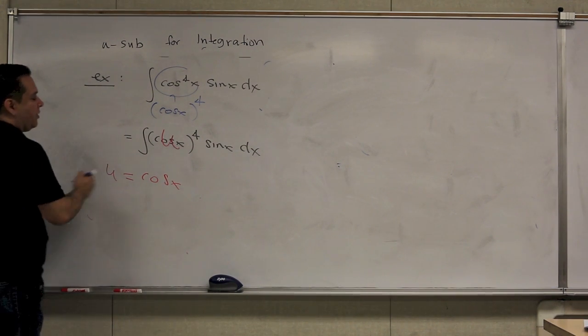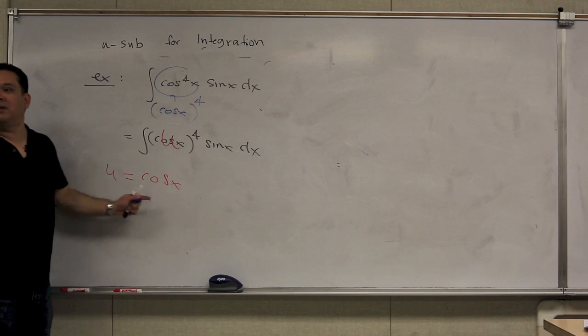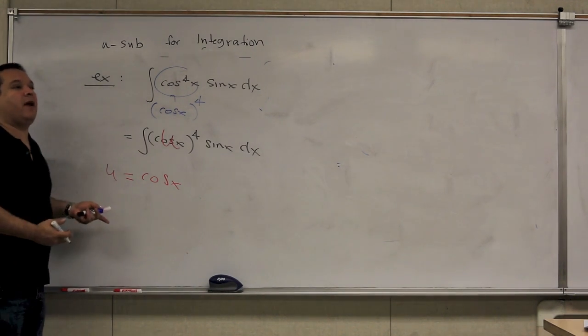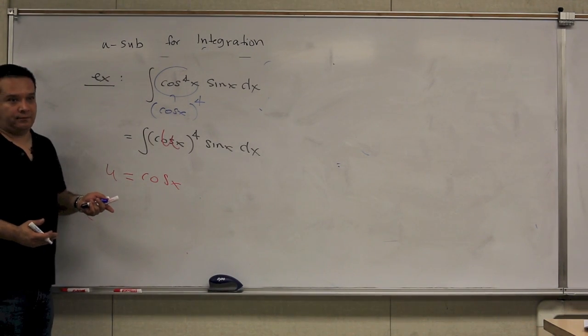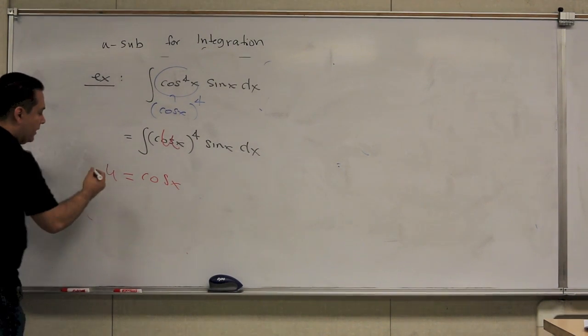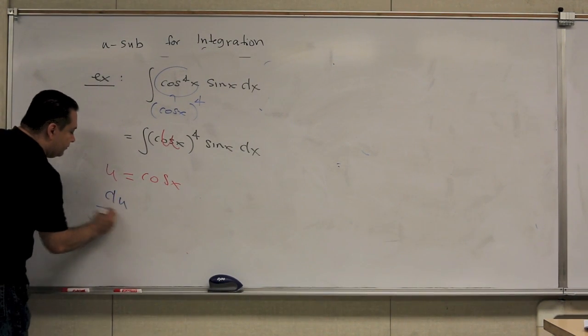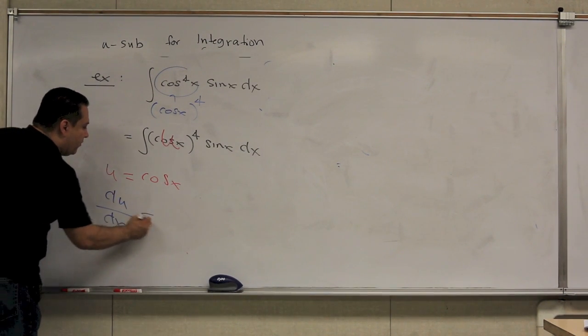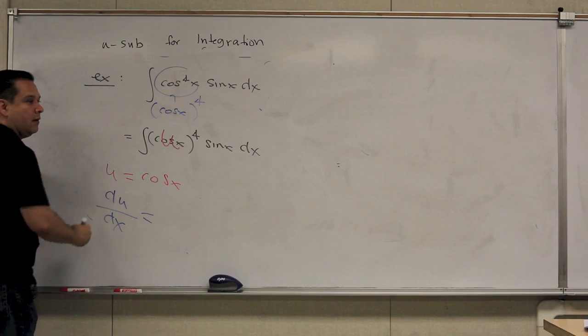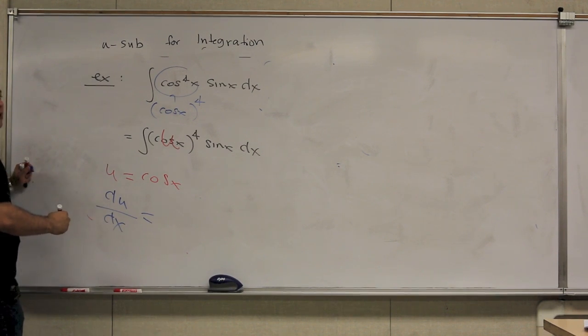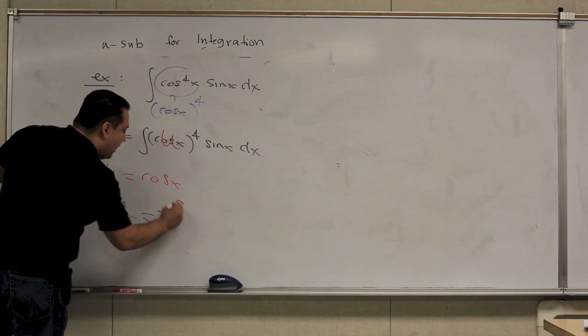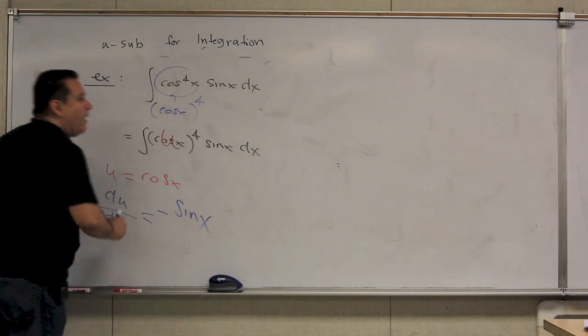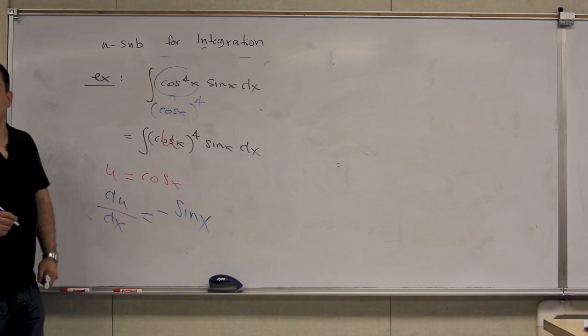Now, what do I do with it? Once I know u, I can find du dx. What is du dx? What's the derivative of cosine? Minus sine. Is that true?